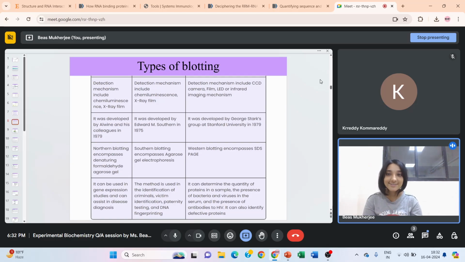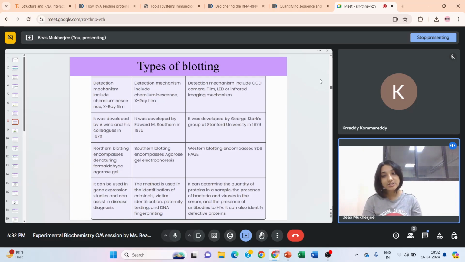You can see southern. This was developed by Southern in 1975, and in 1979 protein blotting, Western blotting, was developed. Then northern blotting encompasses denaturing formaldehyde agarose gel, southern blotting agarose gel electrophoresis, and protein blotting is done using SDS-PAGE.